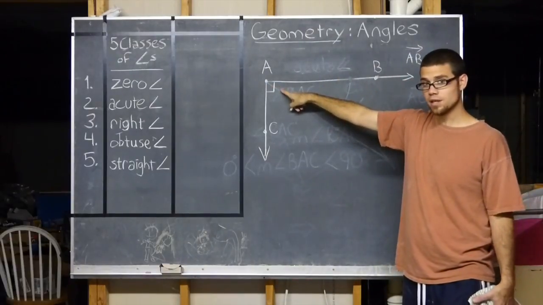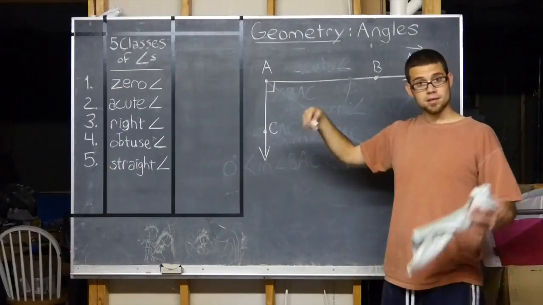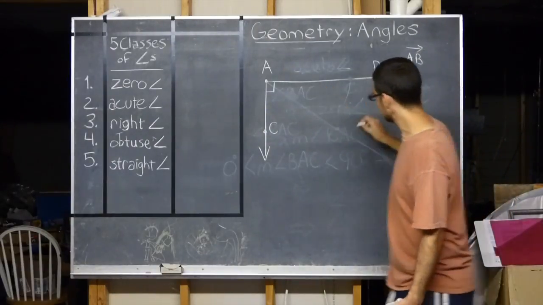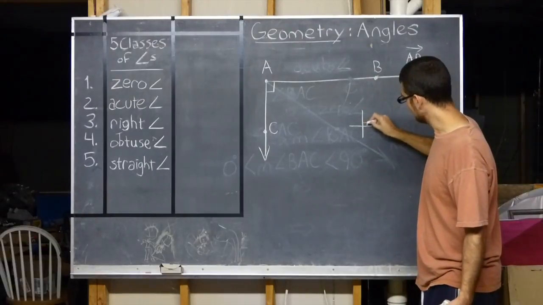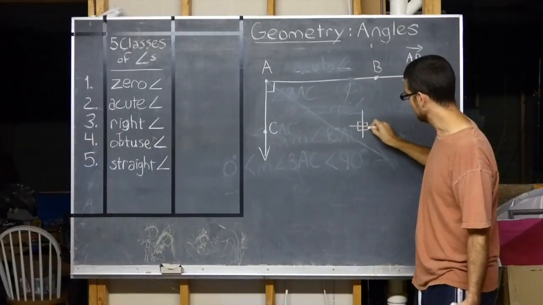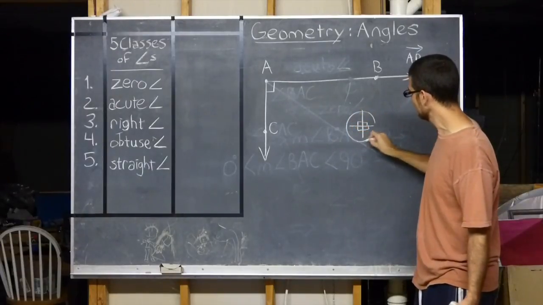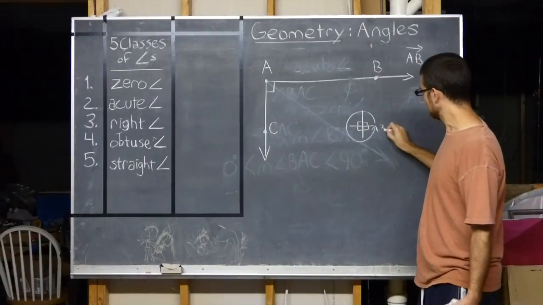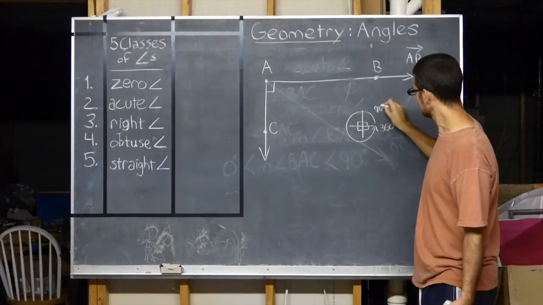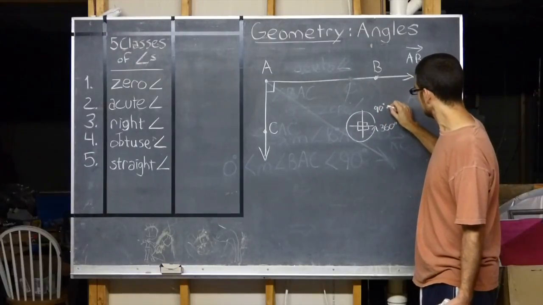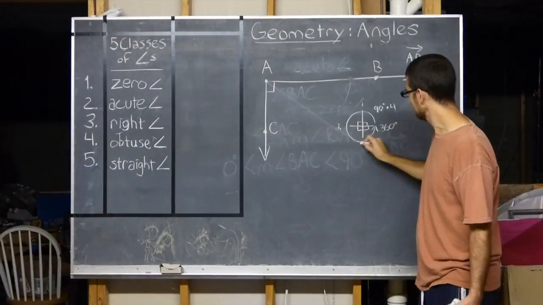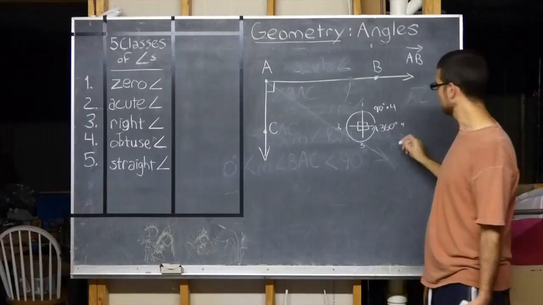This symbol means perpendicular, and perpendicular lines form 4 90-degree angles. 90 degrees and 90 degrees is 180, and that gives us a full rotation of 360 degrees. 90 degrees times 4. 1, 2, 3, 4.